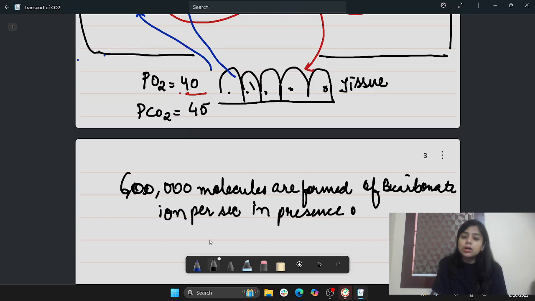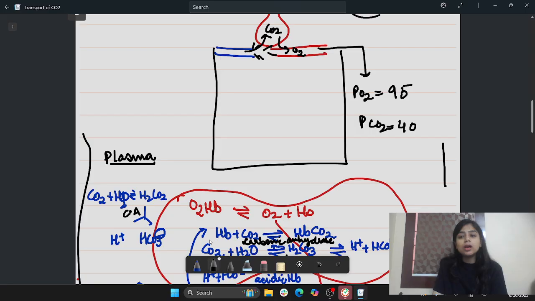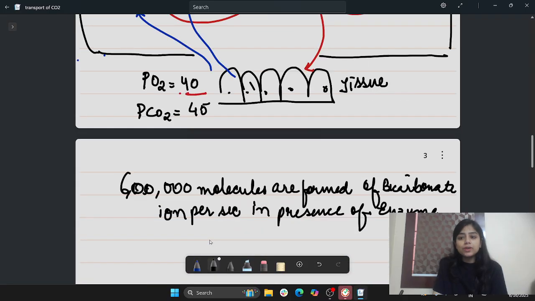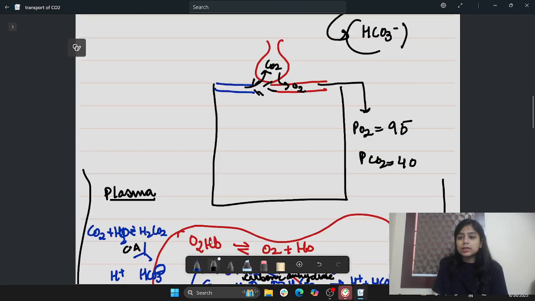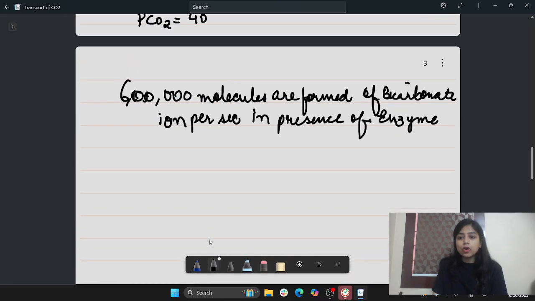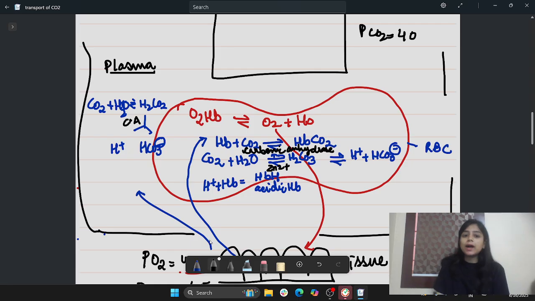That means you can see there is a tremendous increase in the bicarbonate ions inside the RBC. However, we can say here that there is a lesser amount of bicarbonate ions inside the plasma.